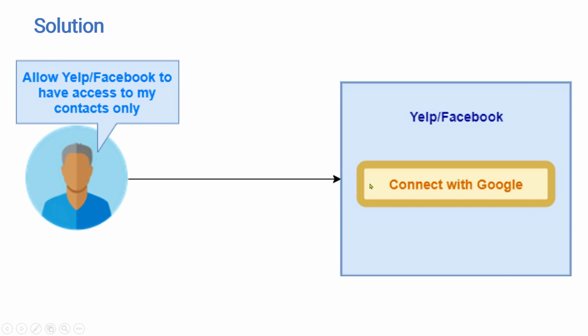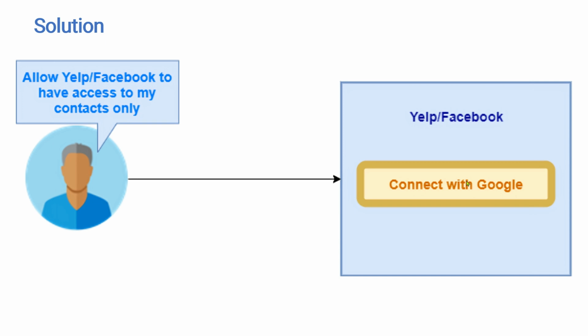He is asking Google to do it. After authenticating the user, the Google API will grant the access to the user's contacts. Whatever contacts you have saved in your Google account will be given access to Facebook. This is all possible by using OAuth 2.0.